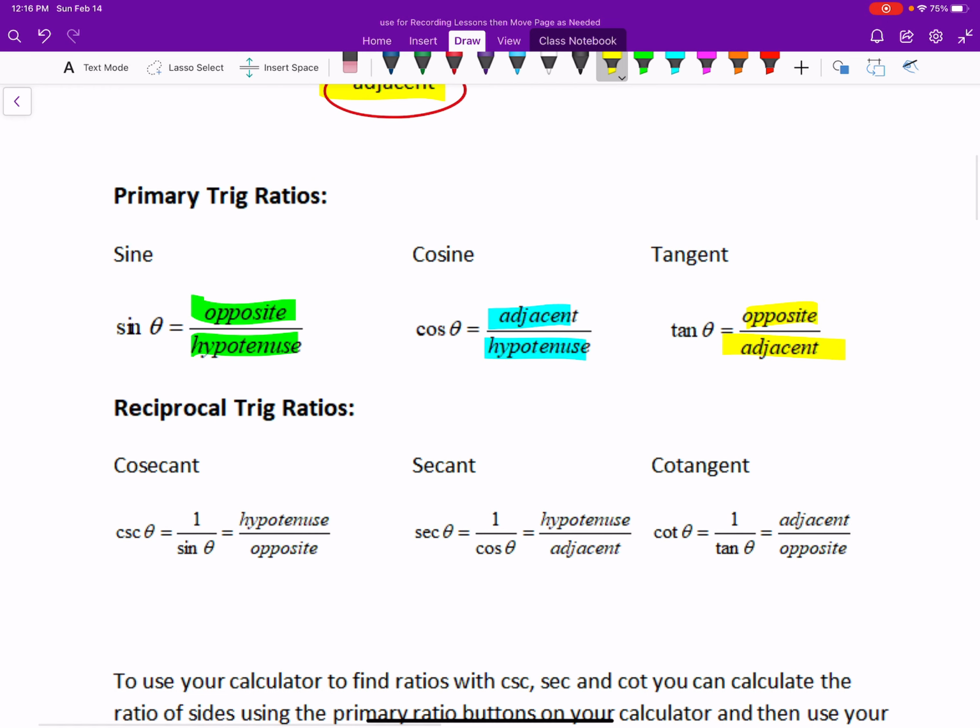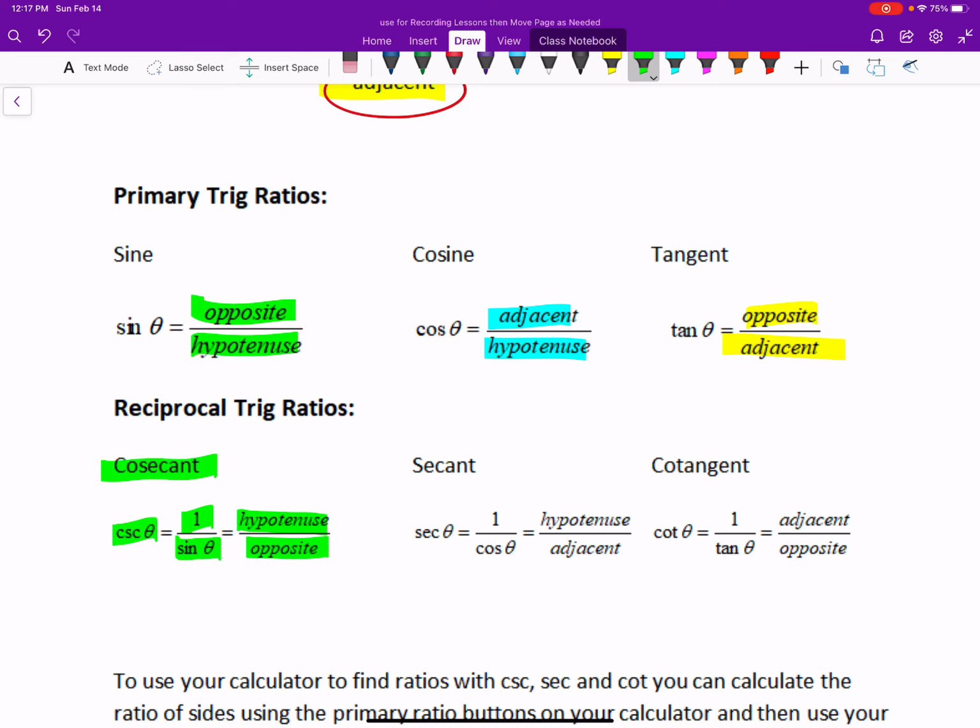So again, it's just one side length over another side length. Now there's something called reciprocal trig ratios. It simply means that if we flip it upside down, then that's called the reciprocal. So if we take sine, for example, and flip it upside down, so we got hypotenuse over opposite, we could write that as 1 over sine, and that's called the cosecant.